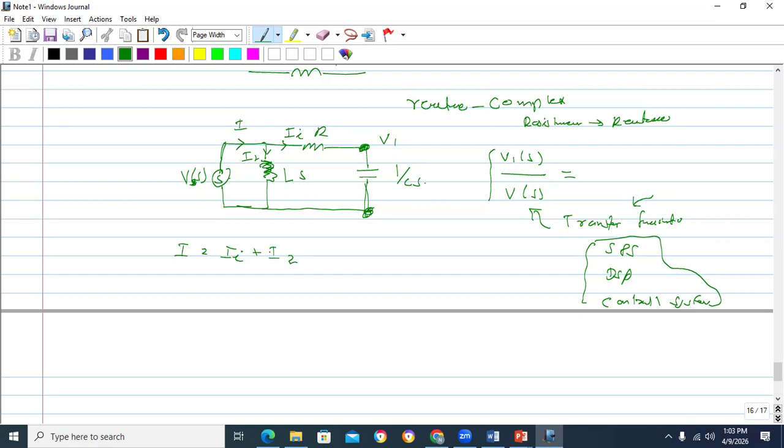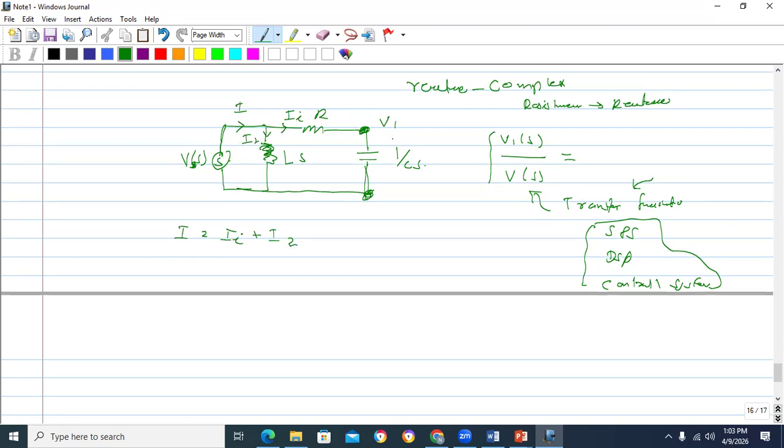So this V1 is the voltage across the capacitor. You can write V1 as I1 times 1 over Cs, because I1 is flowing through the capacitor. And this one is also V1, so you can write V1 as I2 Ls.